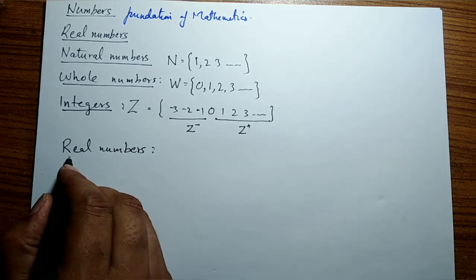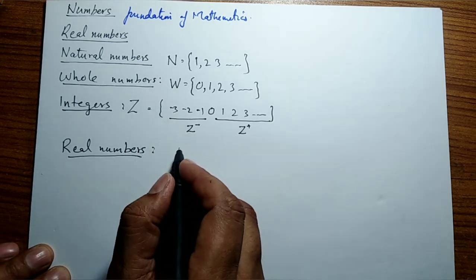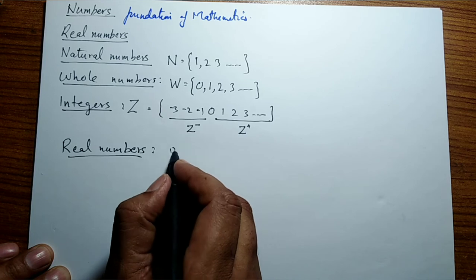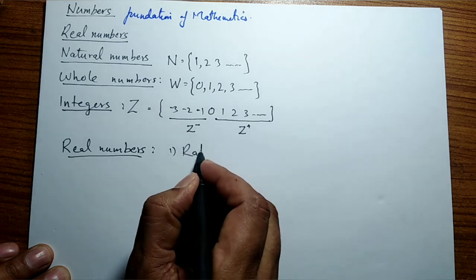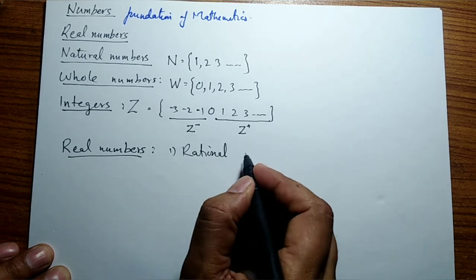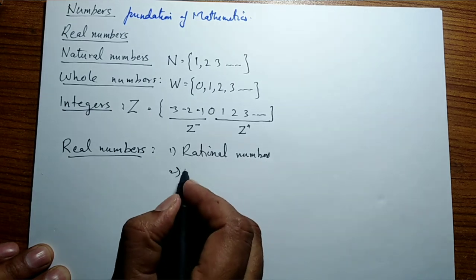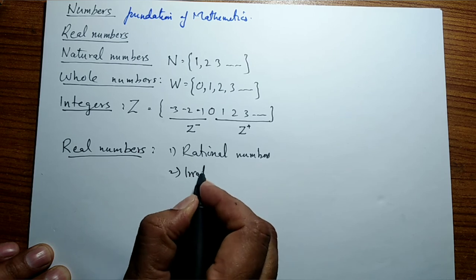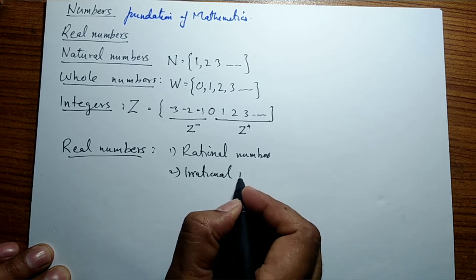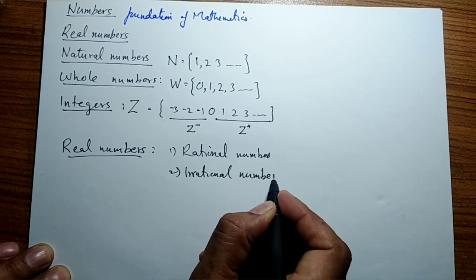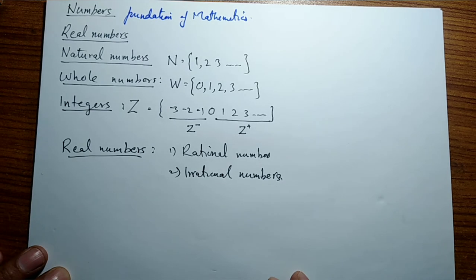So what are actually those sets? The first one is rational numbers, and the second is irrational numbers, right?